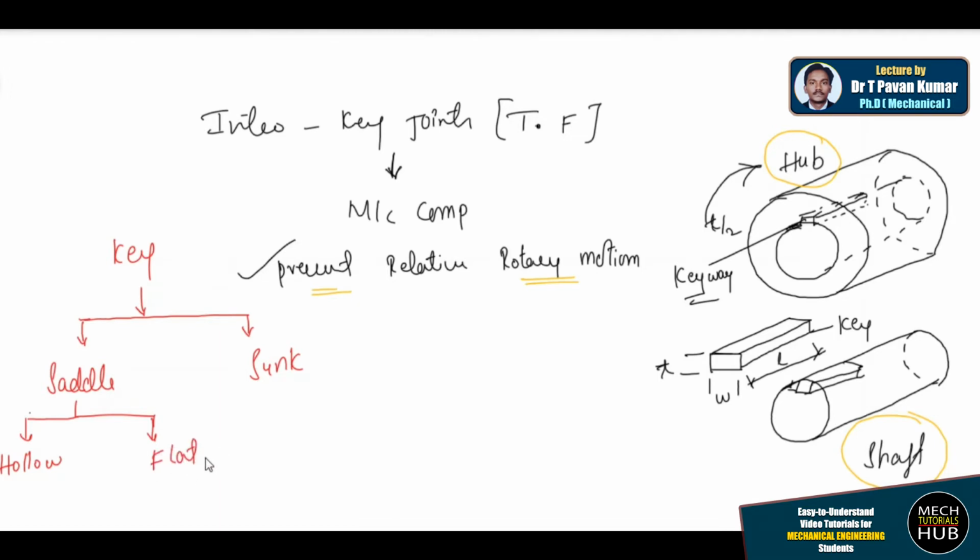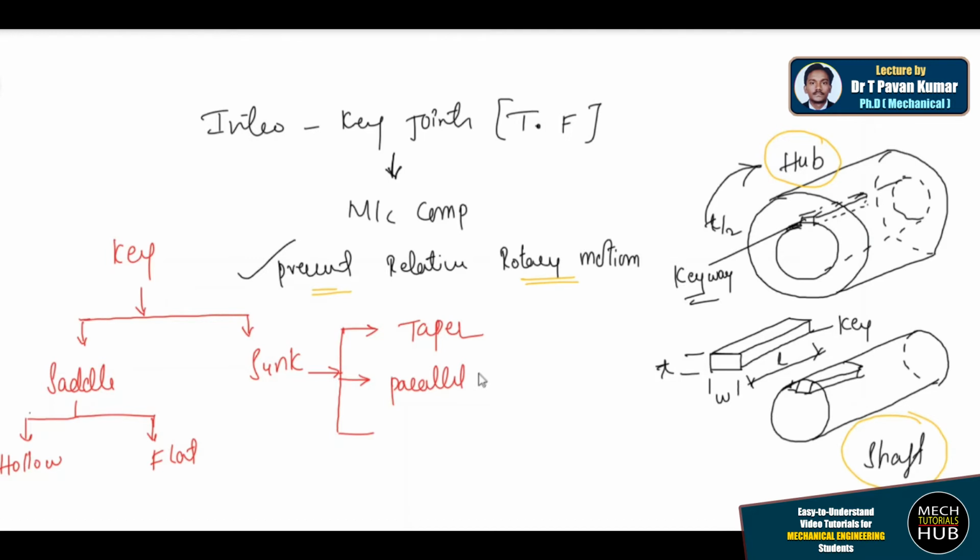Similarly, sunk keys are classified into three different categories. Number one is the taper sunk key. Number two is the parallel key.